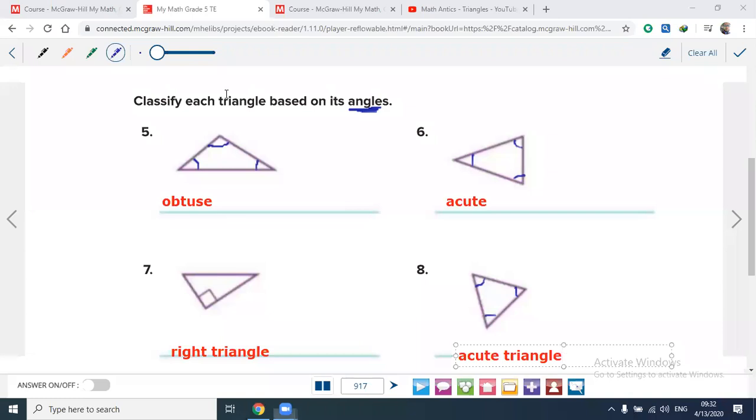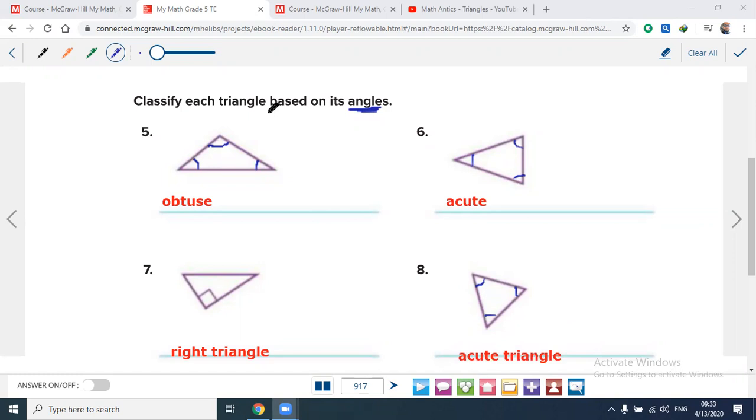Okay, is it clear for all? Yes. Okay, so now I have types of triangle based on its sides and its angles. By its sides, how many types are there? There are 3 types.